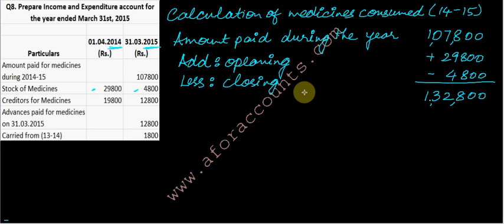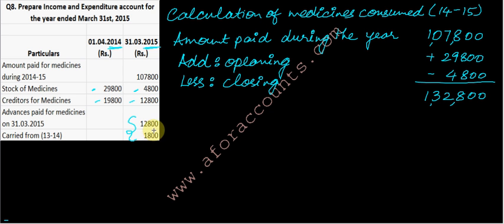So I am done with the adjustments of opening and closing stock. Now the second thing is about your creditors, opening and closing creditors, and the third thing is advance paid for medicines. This is your closing advance paid, that is prepaid, and carried forward 13-14, means this is your prepaid of the previous year. So let's make these adjustments first.